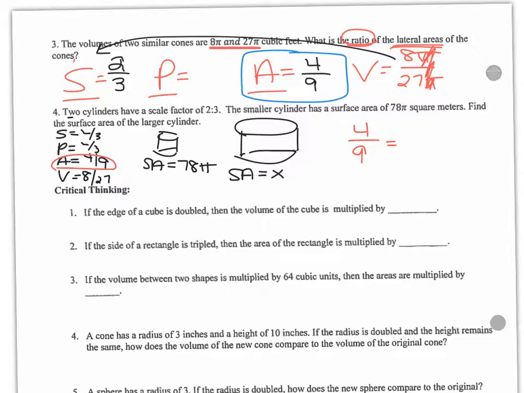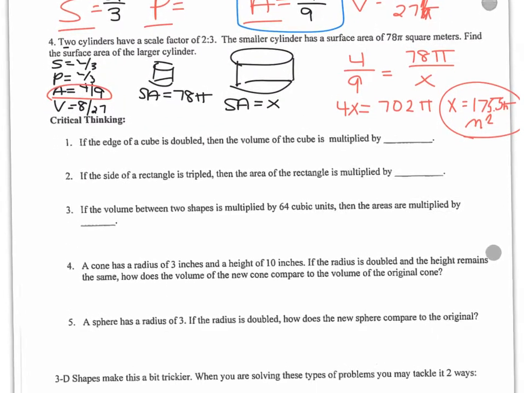So 4 relates to 78 pi, small shape, over x. Now I'm going to cross multiply. I get 4x equals 702 pi. So x equals 175.5 pi meters squared.